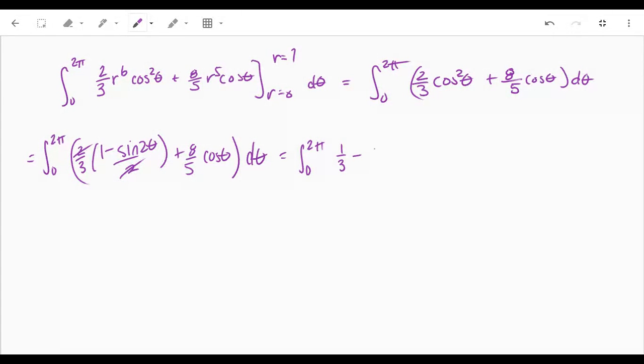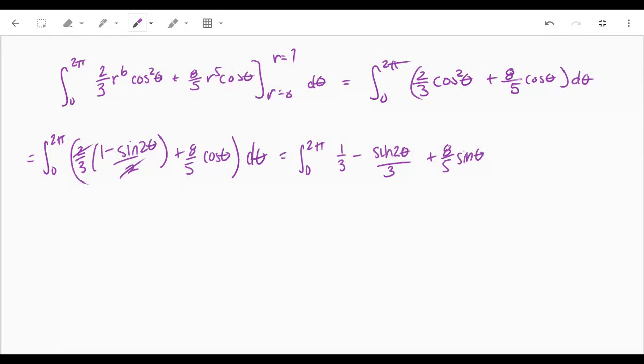What did I just do? Did I mess something up? 1 minus sine 2 theta over 2. That's right, the 2's cancel out. 1/3. Okay. Over 3 plus 8/5 sine theta.